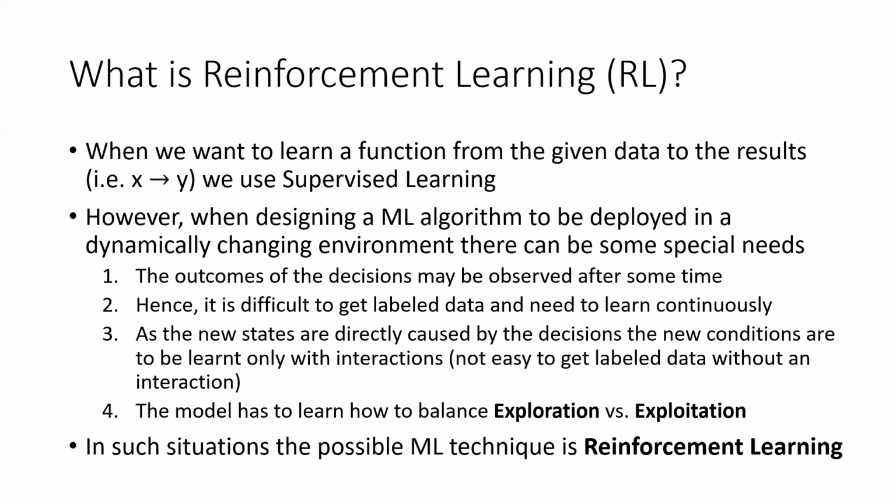So here what we are doing is, we observe the environment, and then we take actions depending on what we have learned from our experience. If you try to model what reinforcement learning is, basically this is what we are going to model.